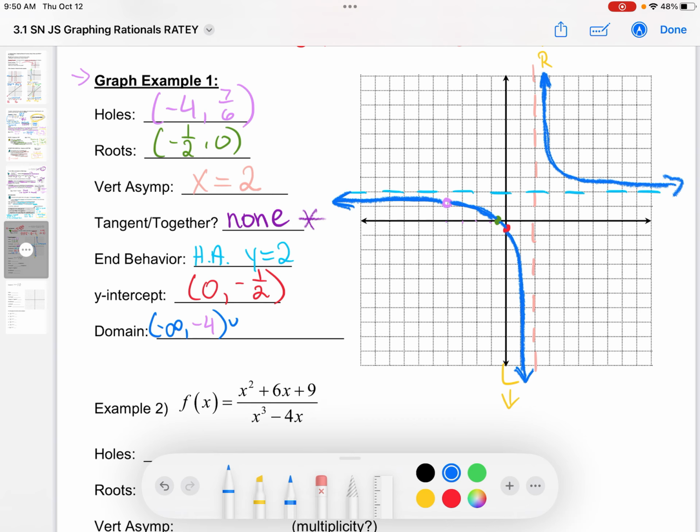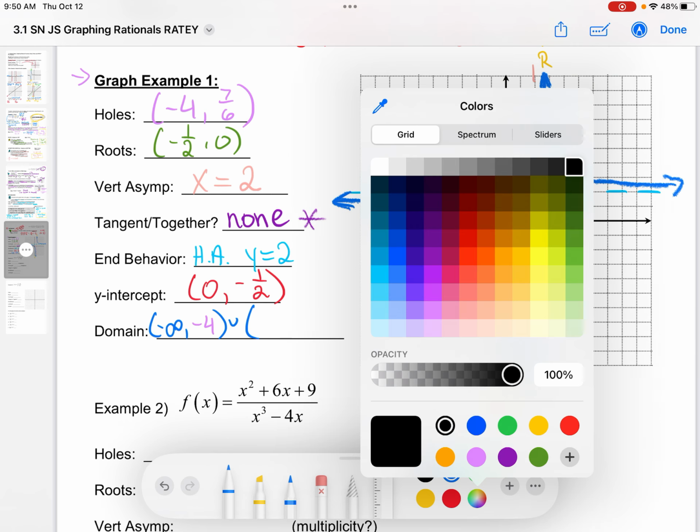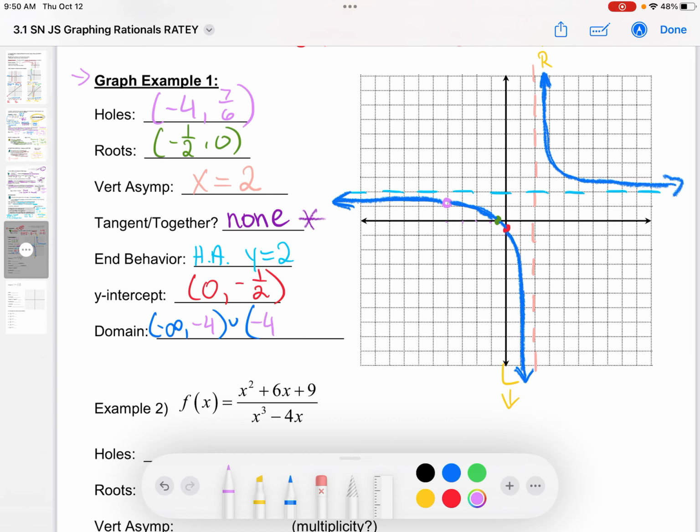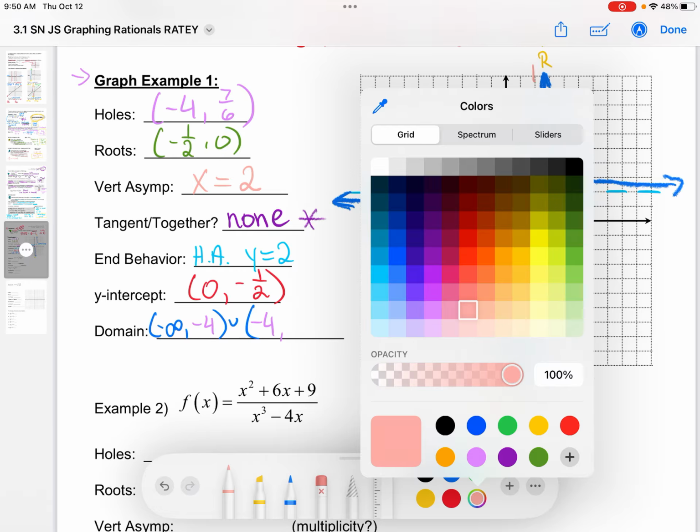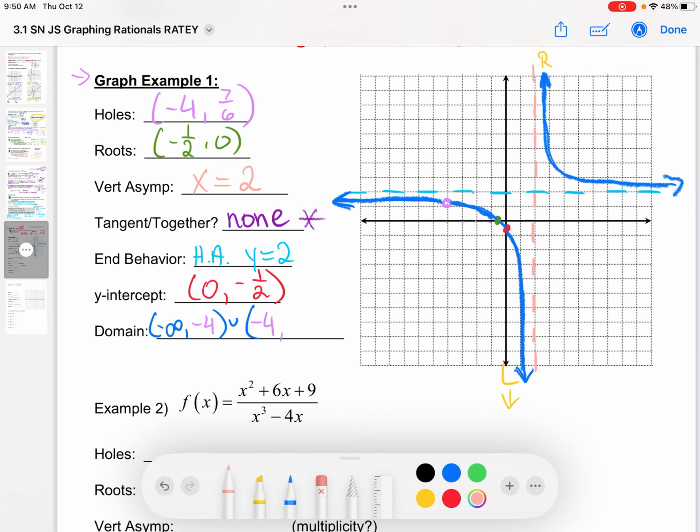So that will break at -4. Open up a new interval. We start over again at the other side of -4. And we go until the next break, which happens to be that vertical asymptote, which was at x equaling 2.